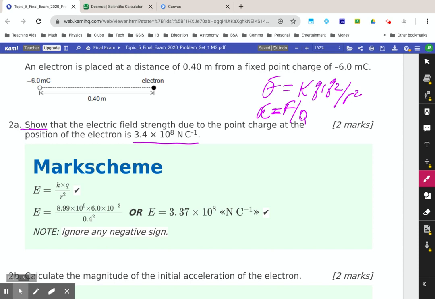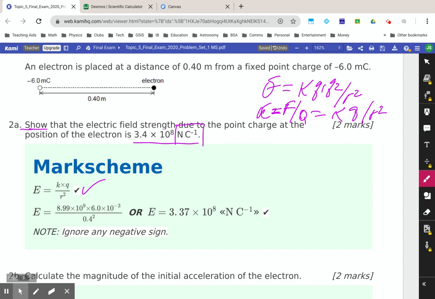Remember we talked about a small positive test charge that we use around any given charge to help construct the electric field around that charge. So the electric field strength is equal to kQ over r squared, and that gives me the proper units as well. Of course, this formula is in the formula booklet, right here: k times Q over r squared. But in case you forget, I hope what I've said makes sense.